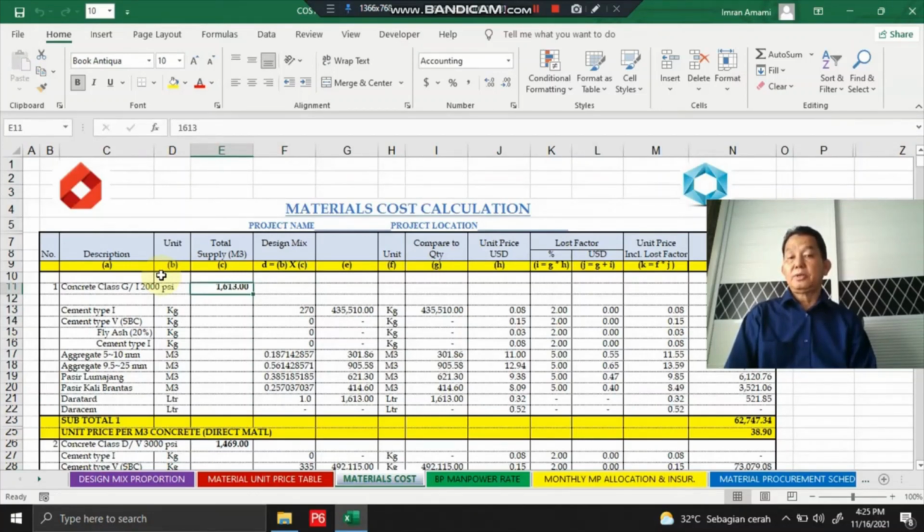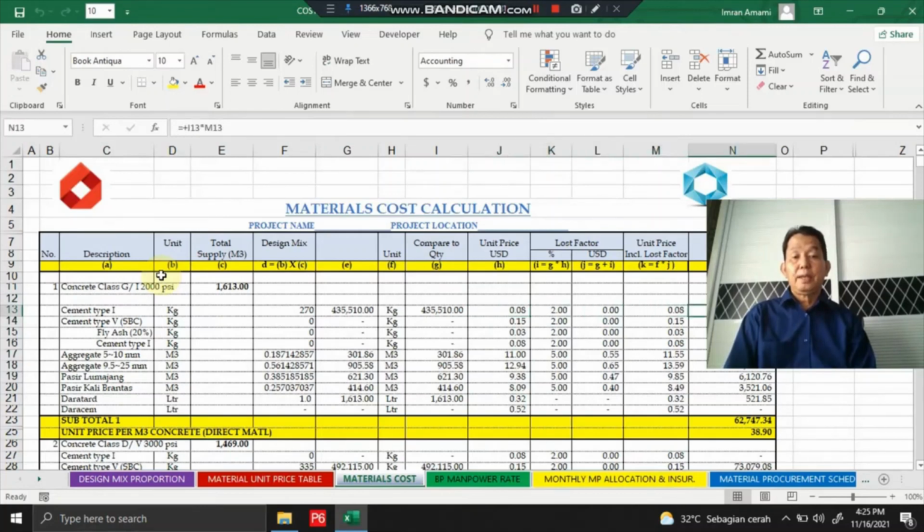The total concrete supply of each class, and then we find the quantity for the cement here, for the aggregate here, and the pour sand here, and also for the daratan and darachem, so super retarder and super plasticizer, I mean. And then we have the unit price here. This is based on the unit price offered by our contractor that supports this project.